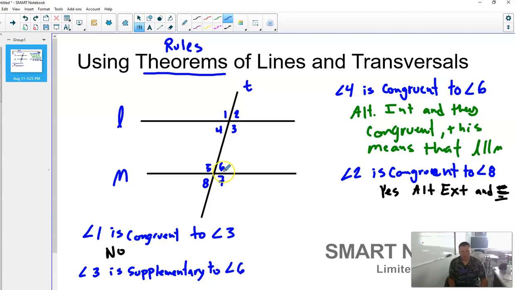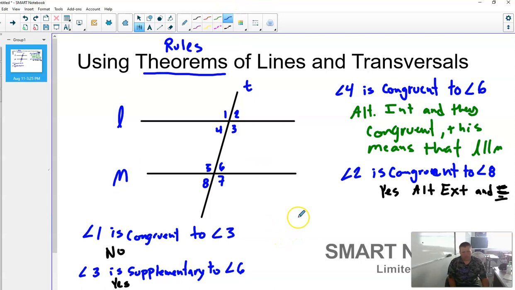Well, 3 and 6 are consecutive interior angles. And if you remember from before, when these two lines are parallel, consecutive interior angles are supplementary. So if I go the opposite way, thinking logically, if these are consecutive interior angles and they're supplementary, that means that these two lines, L and M, have to be parallel. It's just a given at that point.